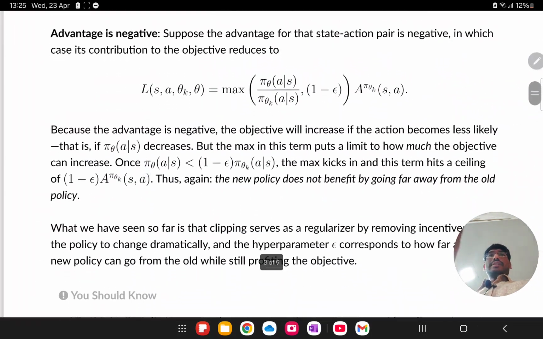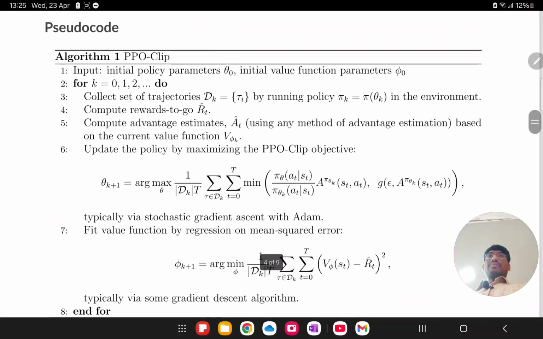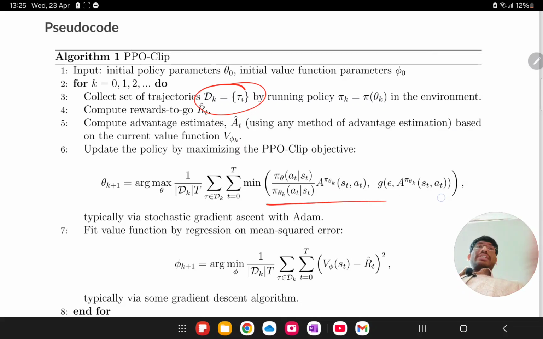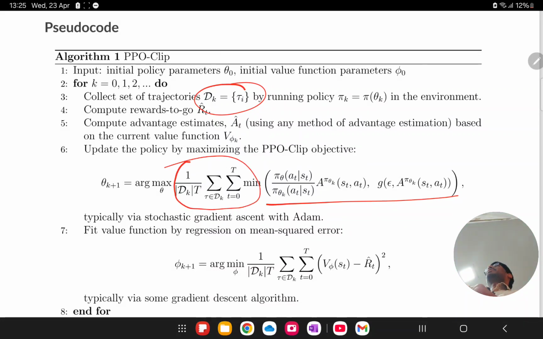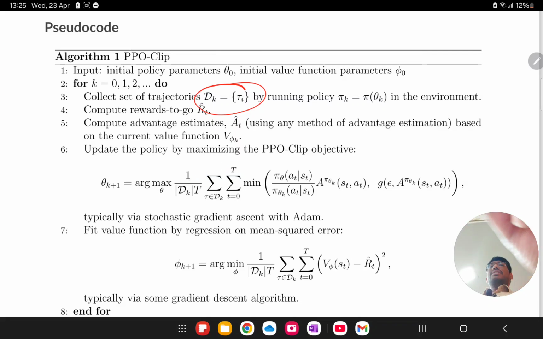If you see it, they are generating a lot of trajectories with respect to your current policy, computing everything in this expression, and taking an average over those s comma a pairs that you are getting. Let's say they collect 10 trajectories, and each episode runs for t time steps.